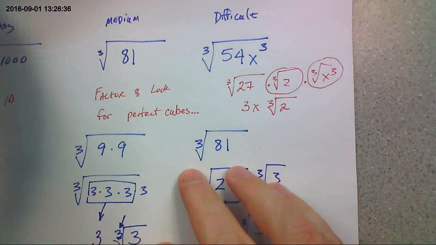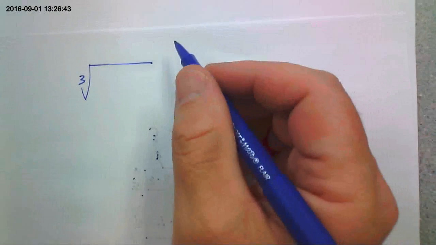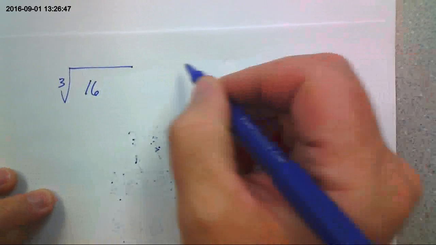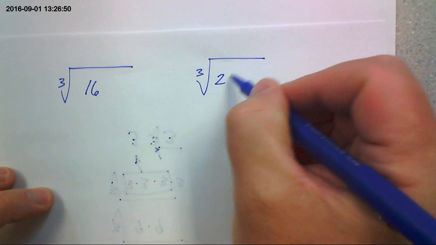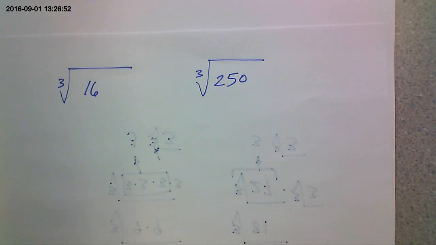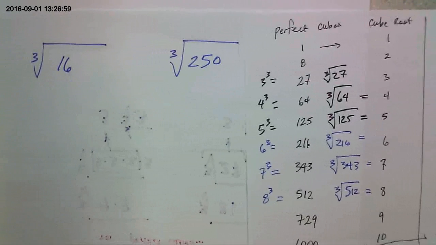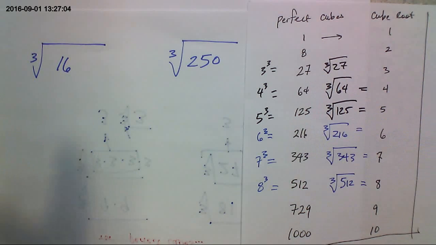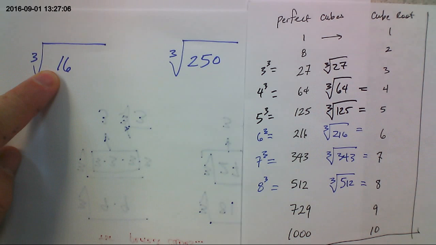2 problems, real quick. So, just try. 16, 250. Look. Is there a number times one of these that equals that? 8 times 2.